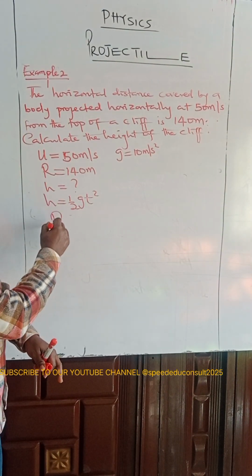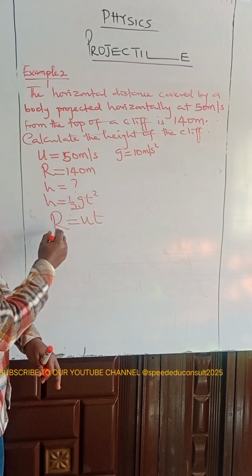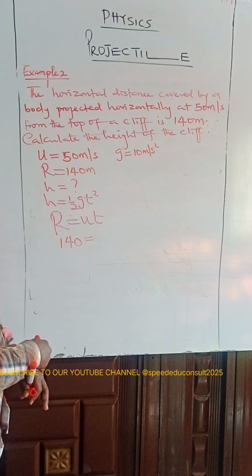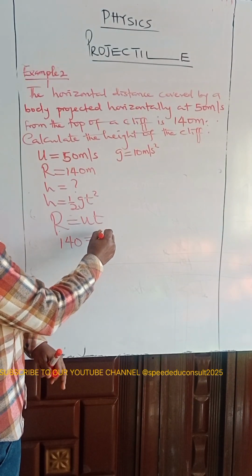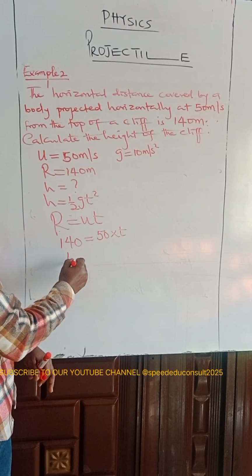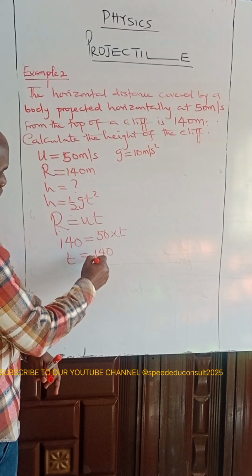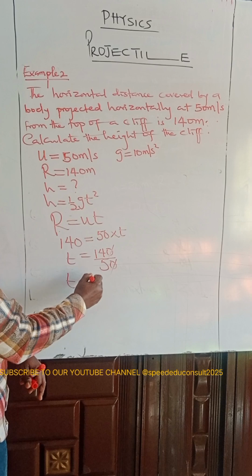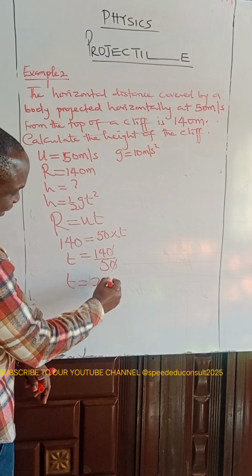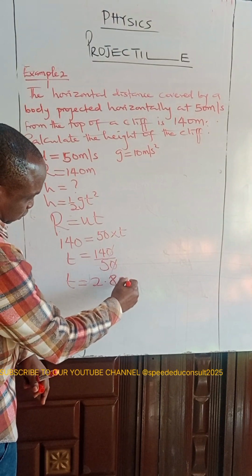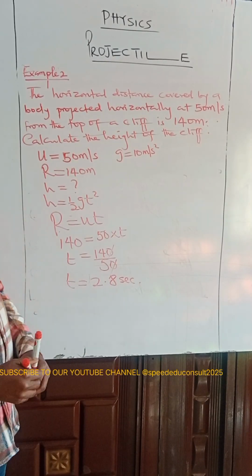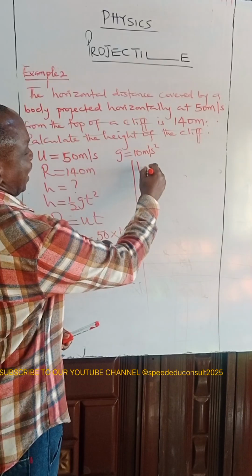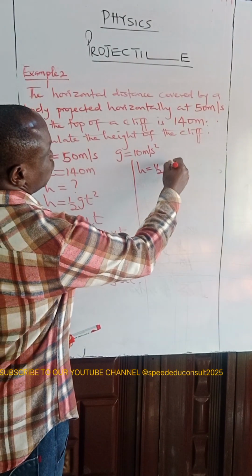Recall that r is equal to ut. R is given to be 140, equal to u, which is 50, times t. T now is equal to 140 divided by 50, which is 2.8 seconds. That's the time. So to calculate the height, height is equal to half gt squared.